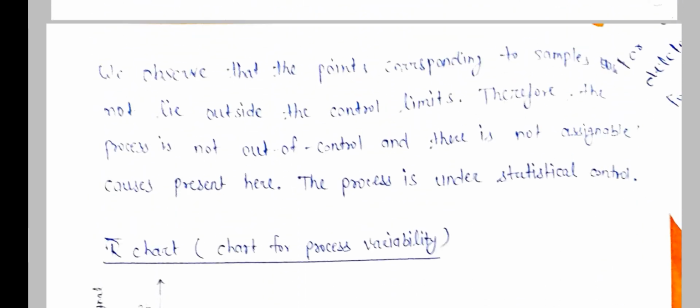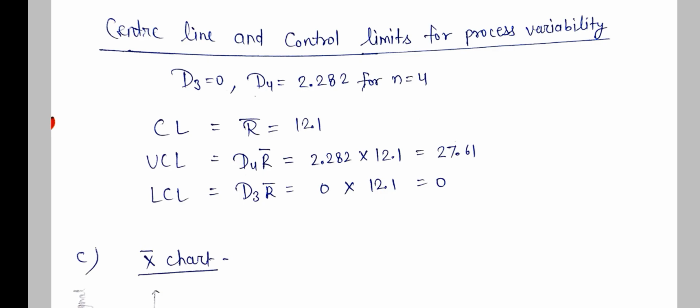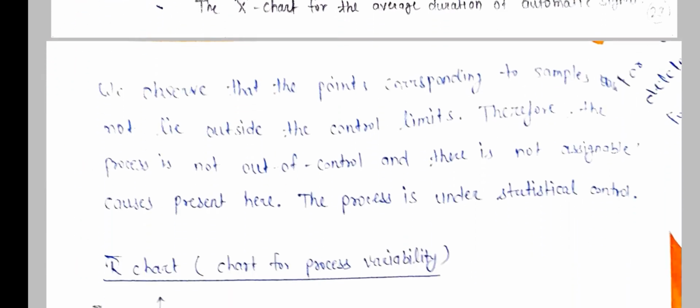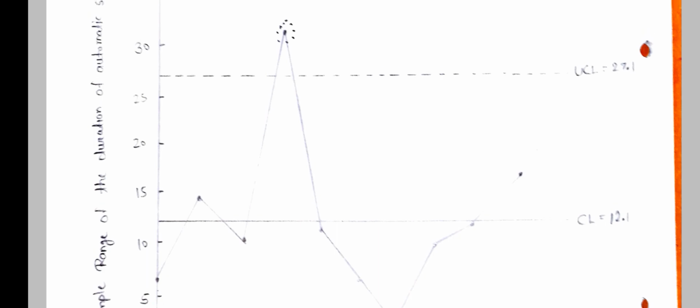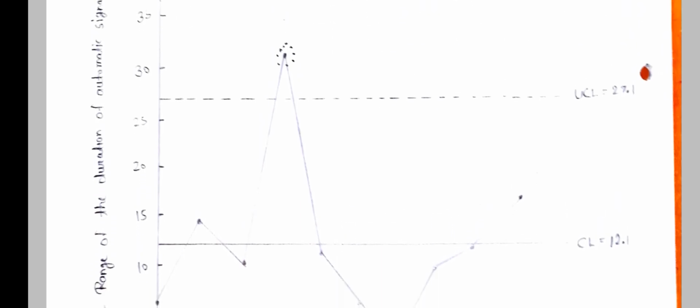Similarly, we will see here LCL, CL and UCL. CL is 12.1, UCL is 27.61 and LCL is equal to 0. So we will put these values in the graph. On the horizontal line is the sample number, and on the vertical line is the range of the duration of the automatic signal.